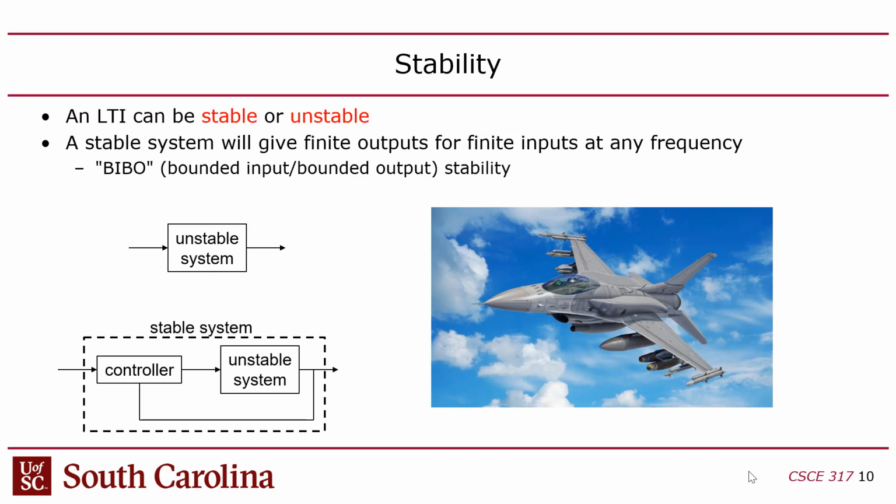And so the idea is that if you have an unstable system by itself and you combine it with a feedback control system with a controller, then when you model these together, the whole system becomes stable, right? So one of the objectives of controllers is to make an unstable system stable.